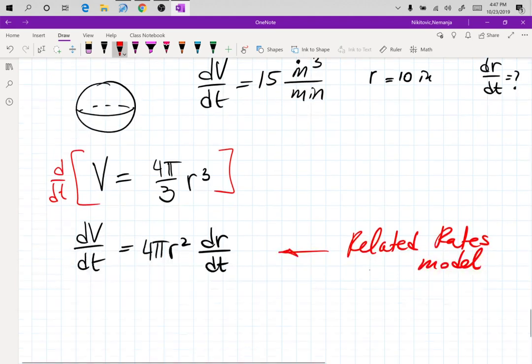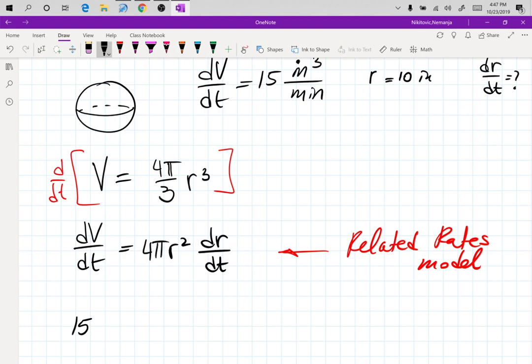Obviously, everything happens in time. Since the balloon is inflating, I'm using 15. If it was deflating, I would use negative 15. Negative 15 would produce a decrease in radius because you would get a negative number on the other side as well. So because it's inflating, I'm using positive 15.